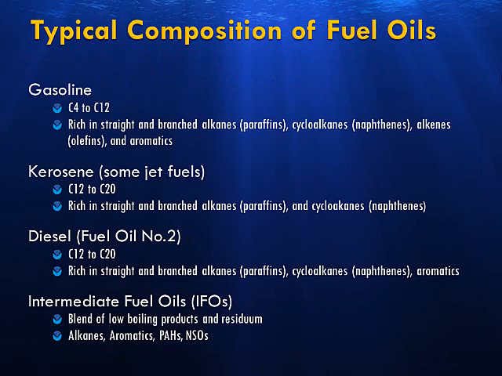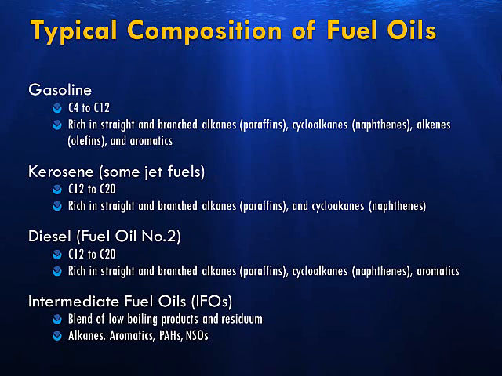So, typical composition of these different refined products. We talked about how the lighter weight refined products like gasoline tend to be lighter, smaller molecules, lower molecular weight. They'll tend to have between 4 and 12 carbon atoms in their mixture, sort of that range.